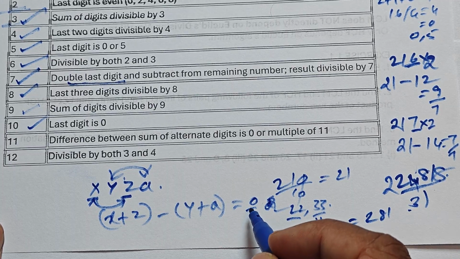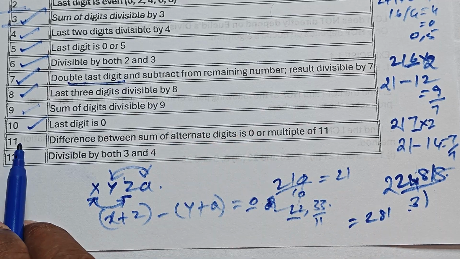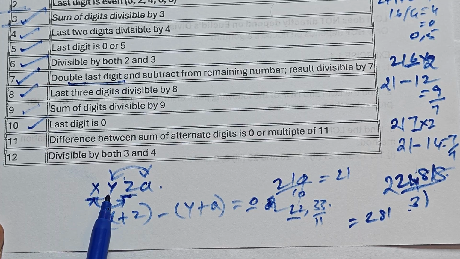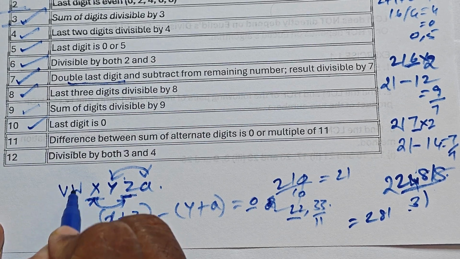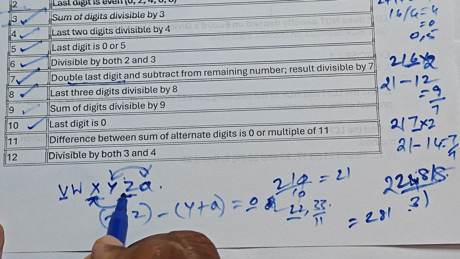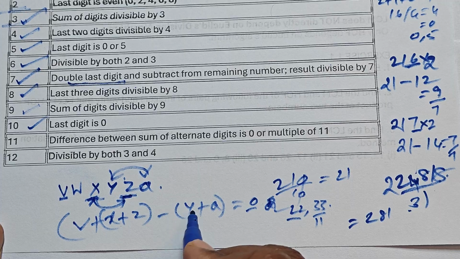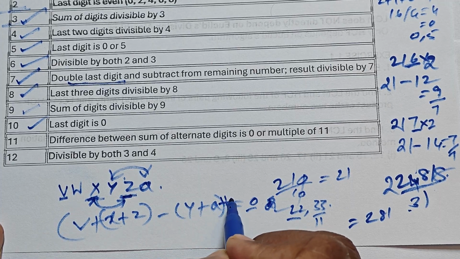Yes, even 0 is divisible by every number, but 0 means automatically 11 will qualify in this particular case when you are taking the alternate position digits and adding them. And if there are 6 digits, say v, w, x, y, z and a, so here v, x, z are one cluster, v plus x plus z, and here w plus y plus a is another cluster.